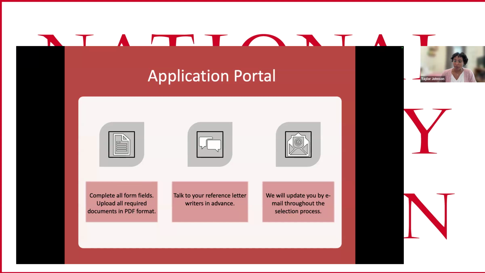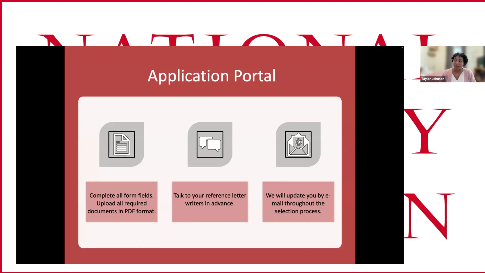So within our application portal, we send automated emails when you input the names of your references with instructions and a link to upload their letters of recommendation. So you as an applicant receive a confirmation when the letter has been submitted by your writer.